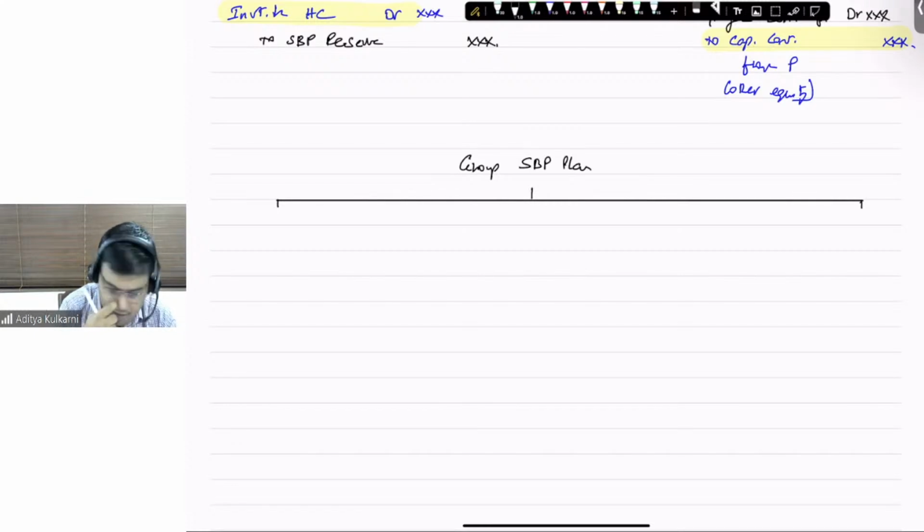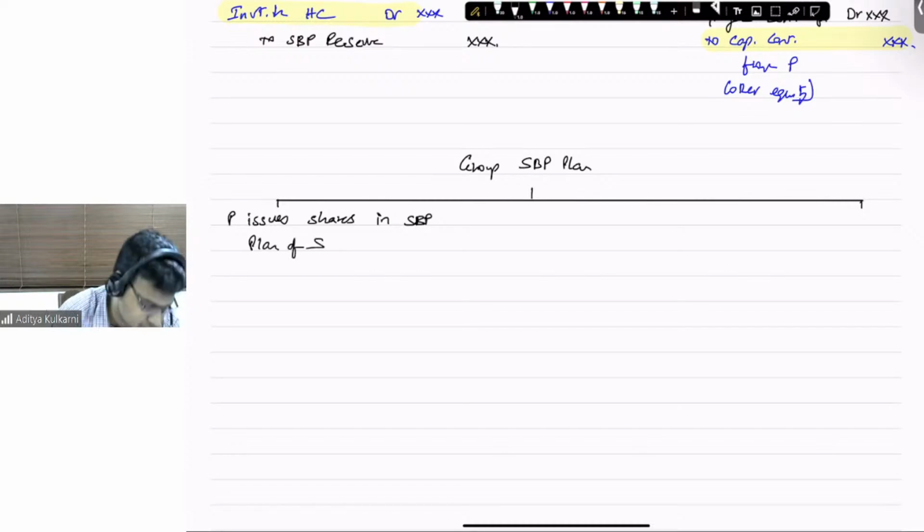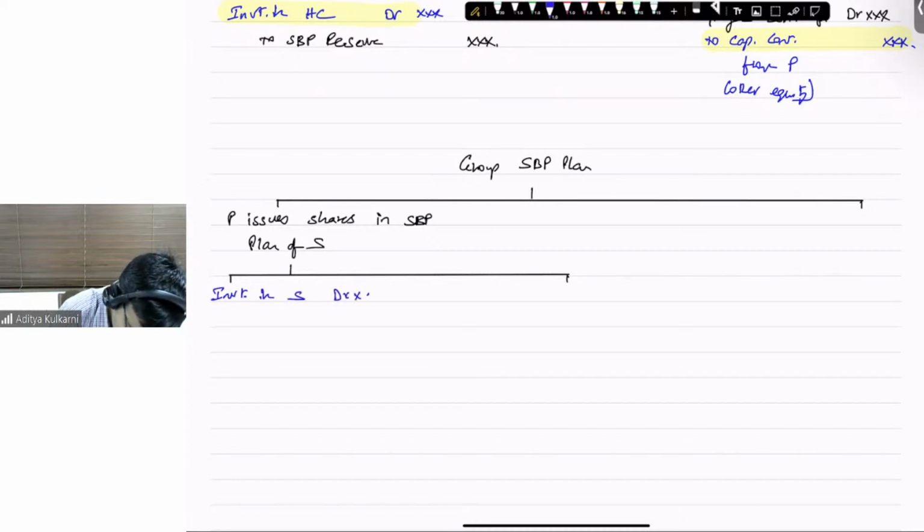All right. P issues shares in SBP plan of subsidiary. So in this case, it is going to be investment in S, debit to SBP reserve.